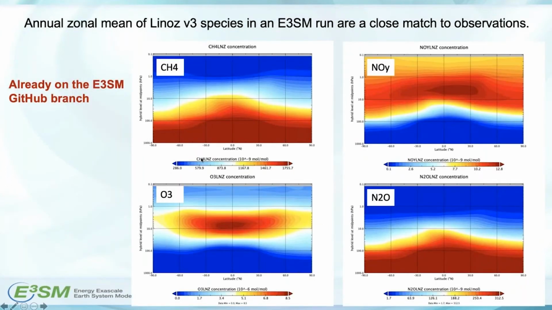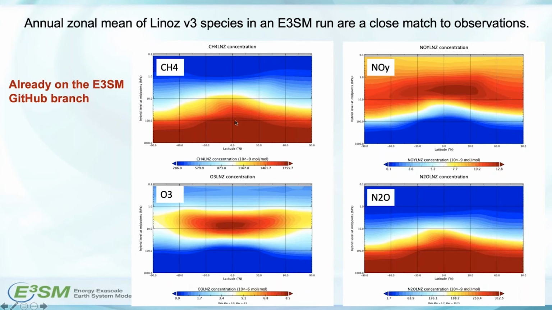So to evaluate the initial implementation of Linoz v3 in E3SM, we plotted the pressure by latitude plots for those 4 species. They look reasonable and match the observations.